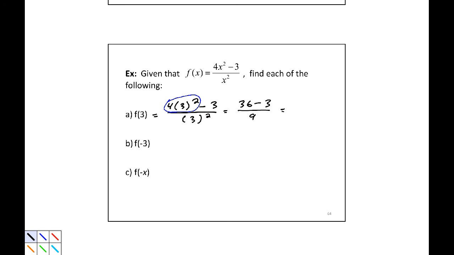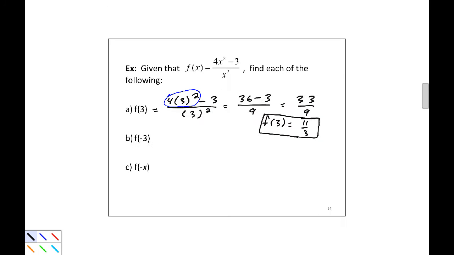And that simplified 36 minus 3 would be 33, so 33 over 9. And that, f of 3 equals 33 ninths, means that when my input is 3, my output is 33 over 9. Oh, that reduces, doesn't it? That would be 11 thirds. So when our input is 3, our output is 11 thirds.